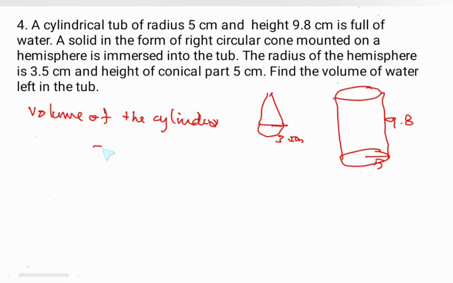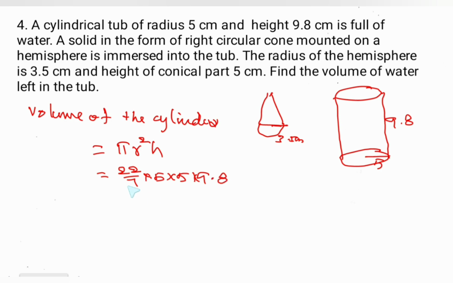The volume of the cylinder is pi r square h. This equals 22 by 7, r is 5 into 5, height is 9.8.